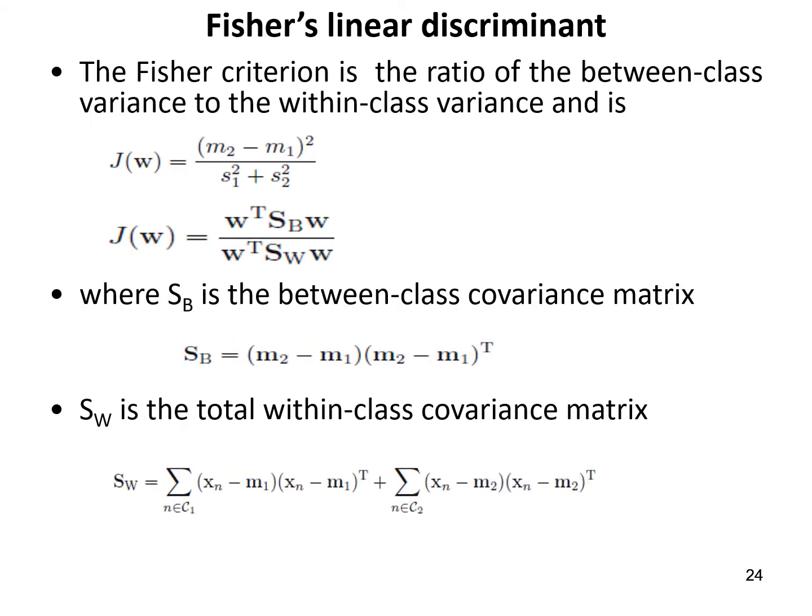Fisher's criterion is the ratio of the between class variance to the within class variance and is given by J of w. In the first equation, m2 and m1 are the projected class means, and in the second equation, SB is the between class covariance matrix and SW is the total within class covariance matrix, which are defined in the respective equations.